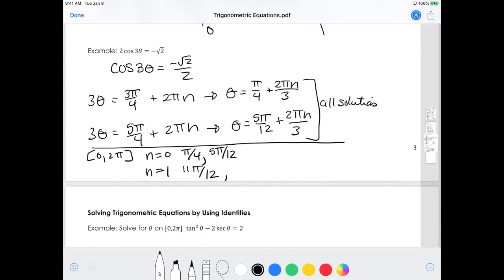Now for the second one, I'm going to have 5 pi over 12 plus 2 pi over 3, because I'm plugging in n as 1. That's going to give me 13 pi over 12. Now, these are still within 2 pi, so now I'm going to try n is equal to 2.